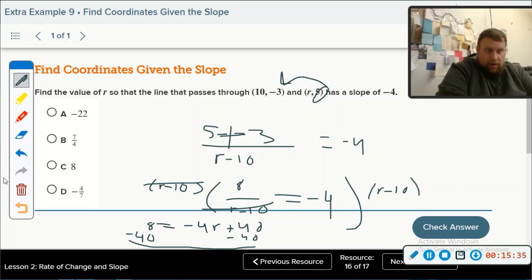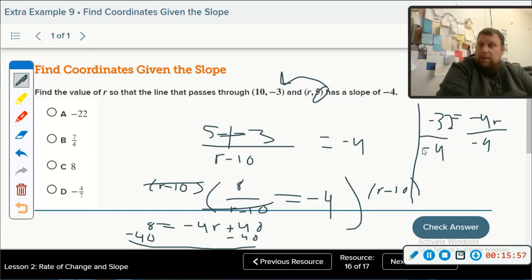We get negative 32 equals negative 4r. Divide both sides by negative 4. Negative divided by negative is positive. 32 divided by 4 is 8. We know that 8 equals r.